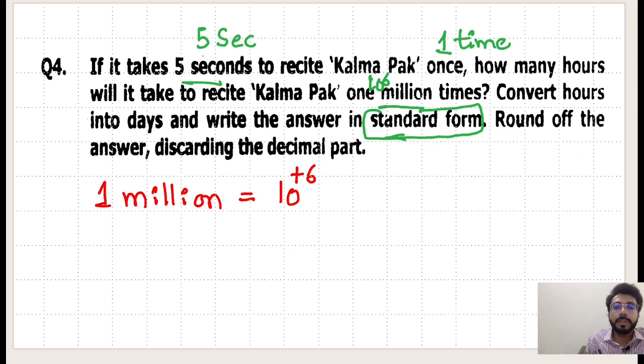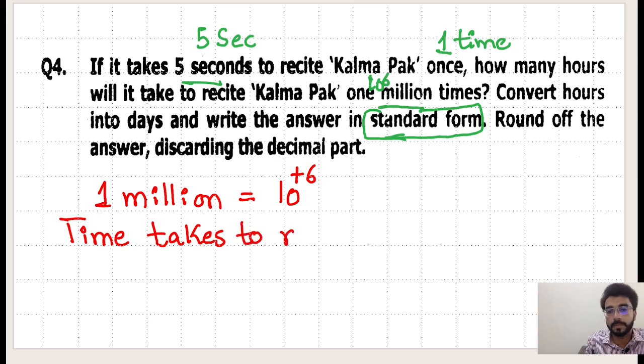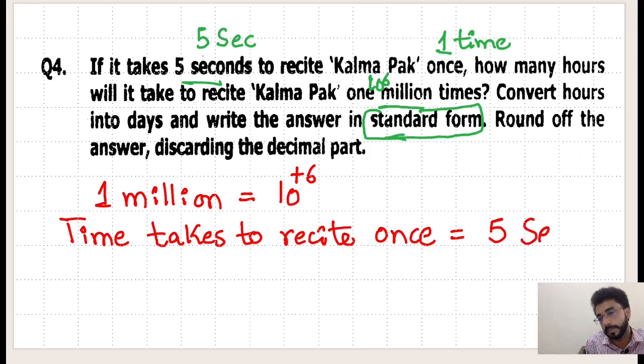So to recite kalma pak once, you can write time takes to recite once. Time taken to recite once equal to 5 seconds. एक दफा कलमा पाक पढ़ते कितने सेकंड्स लग रहे हैं? 5 seconds. SEC is the short form of seconds.